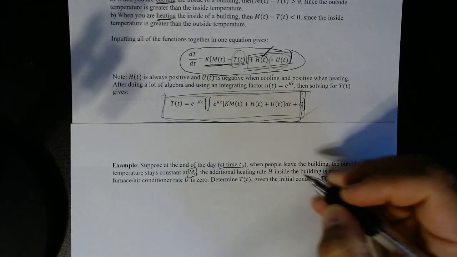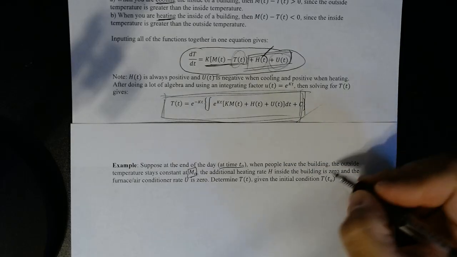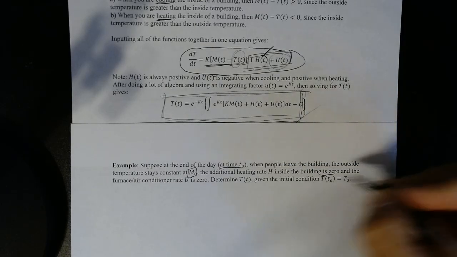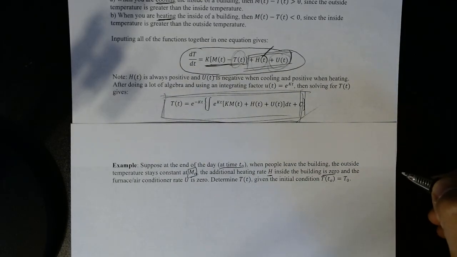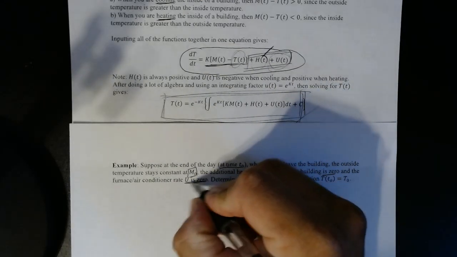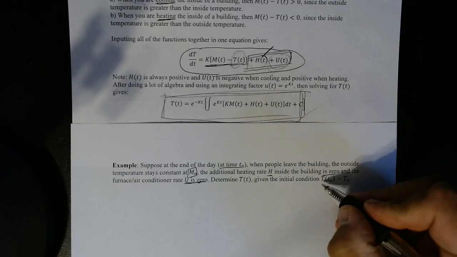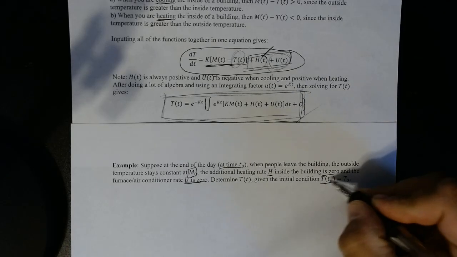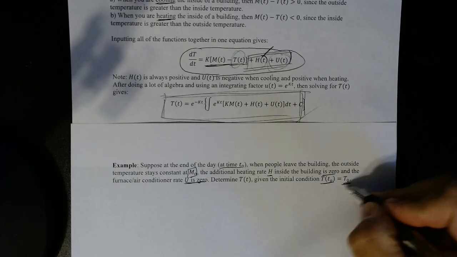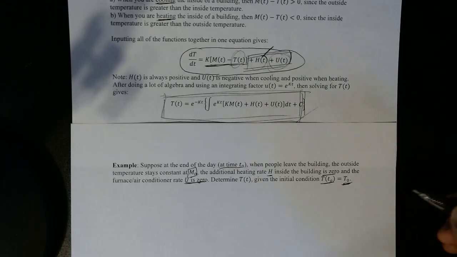The additional heating rate h inside the building is 0. So h is 0, and the furnace or air conditioning rate u is also 0. Determine T of t given the initial condition T of t naught equals that. Bunch of t's everywhere, zeros, right?